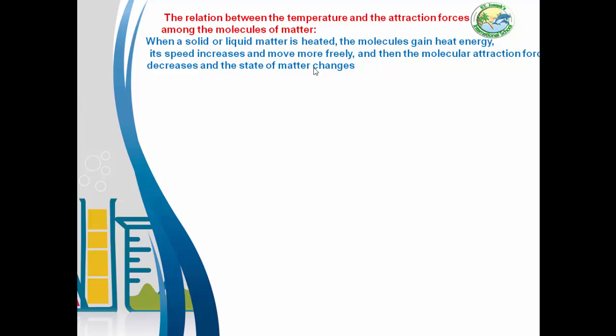And also this happens in the liquid state. When a liquid substance is heated, the molecules gain thermal energy. The speed of the molecules increases, and some of them overcome the intermolecular force. So the intermolecular spaces increase and they change into another state.